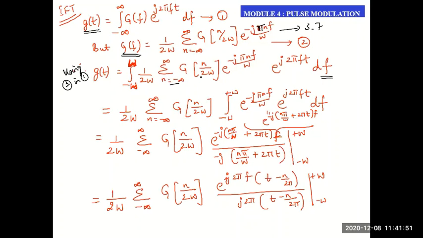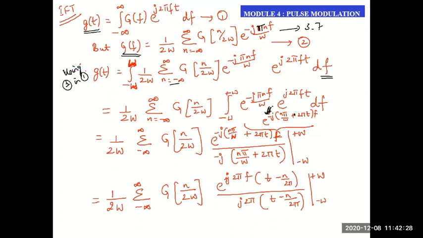Within the integral, what remains is e power minus j pi nf by w into e power j 2 pi ft df. Here, let me take the common factors outside. It is e power something into e power something else. I can take minus jf as the common factor. I have simplified taking minus j as a common factor, then it should be n pi by w minus 2 pi t, and f is also taken.